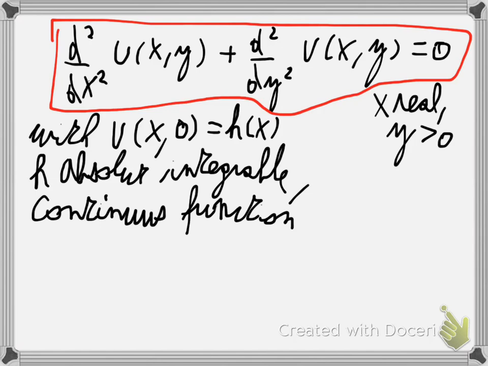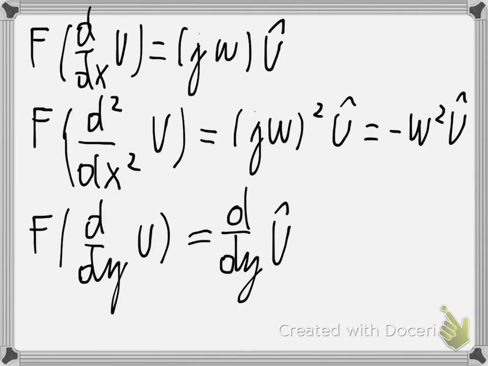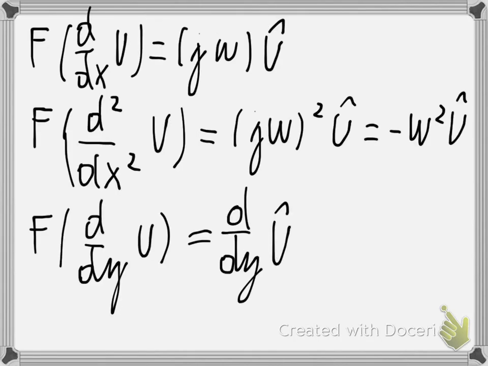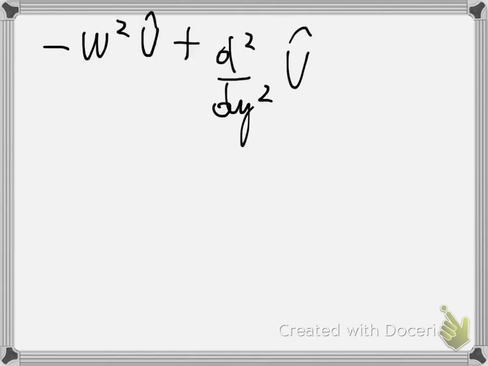So we'll get minus omega squared times u transformed plus the second derivative with respect to y of our u transformed, and that is equal to 0.